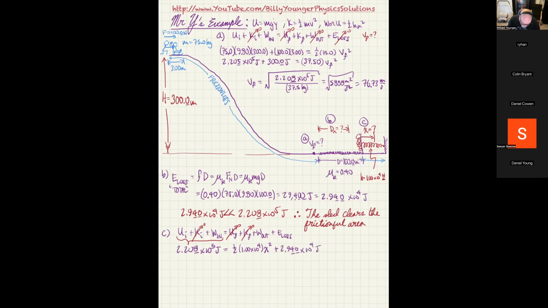So I can take the 2.208 times 10 to the fifth, excuse me, and I can subtract from it 2.94 times 10 to the fourth, and that's going to give me 1.914 times 10 to the fifth joules is equal to 0.500 times 10 to the fourth times x squared.